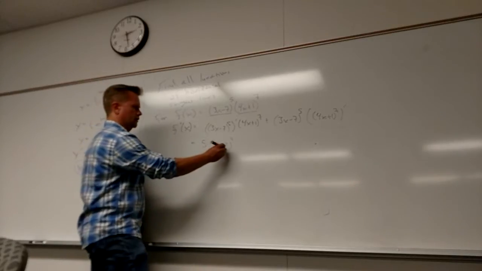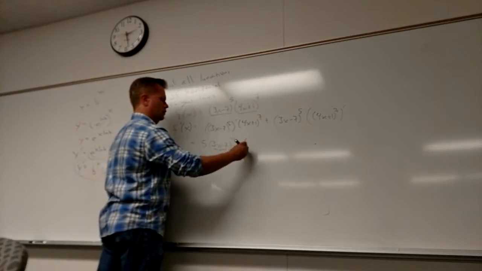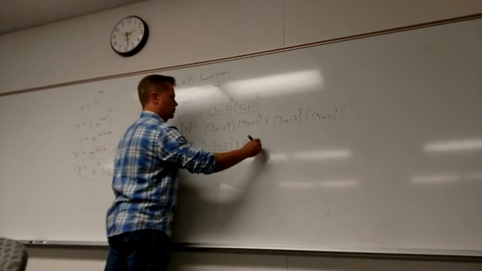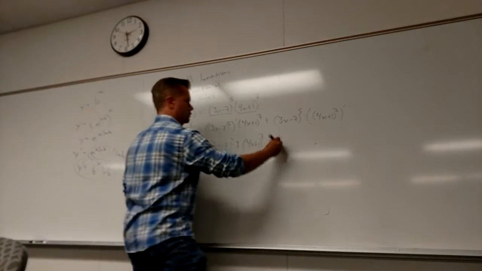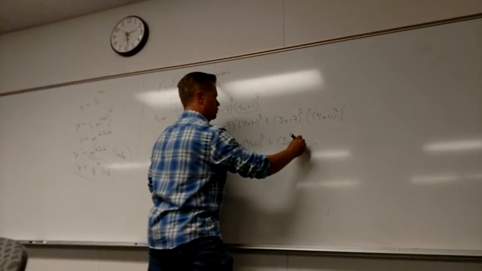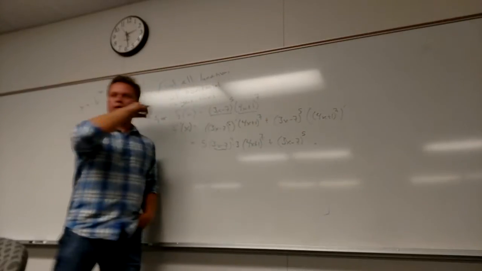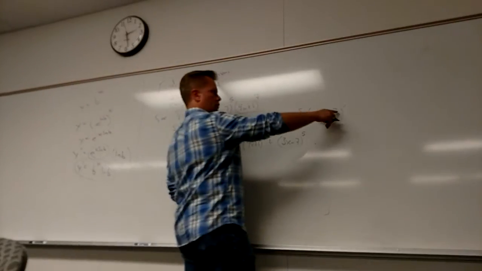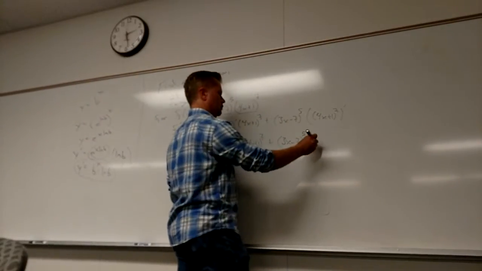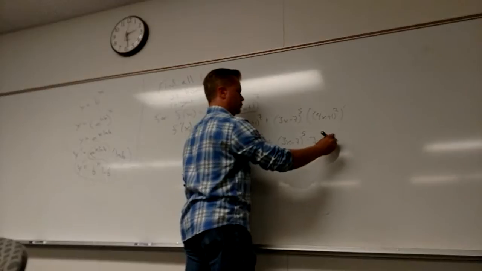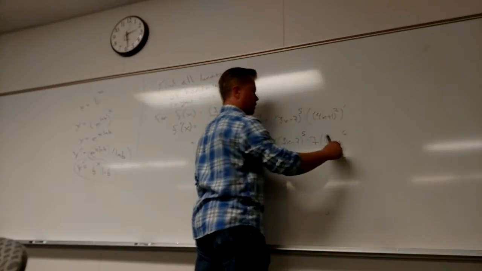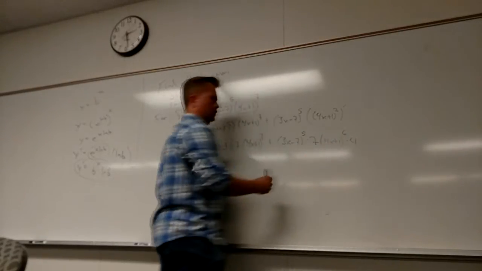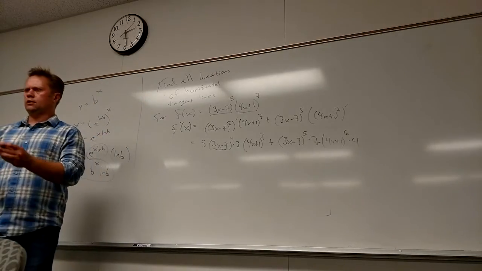Times the derivative of the inside, times 3, times this business here, plus, leave this guy alone, I take the derivative of that guy. You bring down the 7, (4x plus 1) to the 6th times the derivative of the inside, 4. I like it.